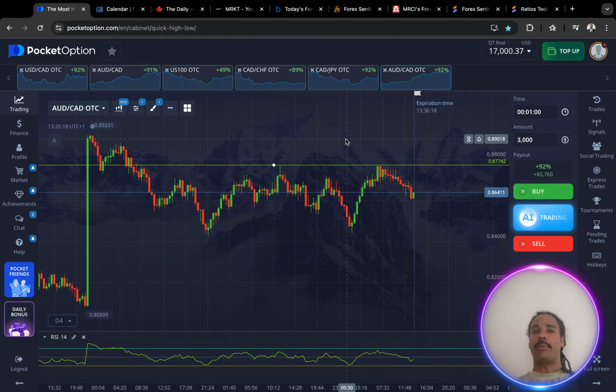So if we open Pocket Option, this is my preferred broker, and I will let you know why. They have a very cool feature. They have many features, but for this particular fundamental trading session, I like to use the finance tool on their dashboard.